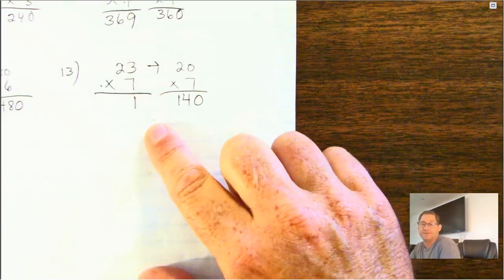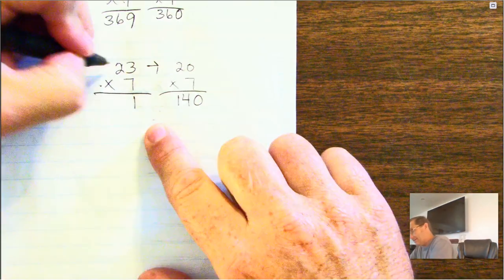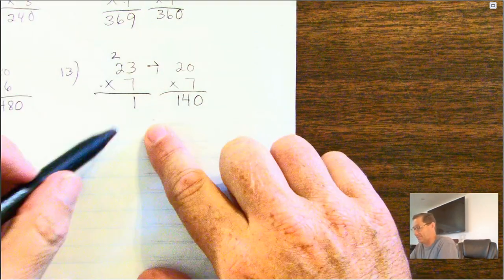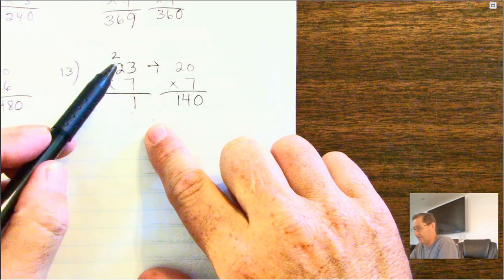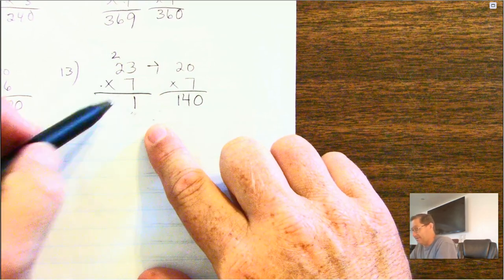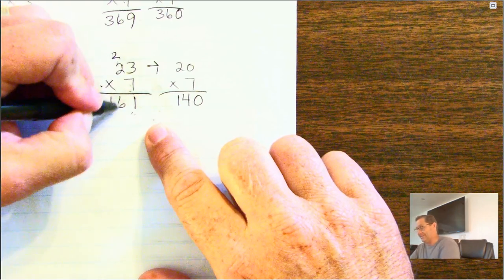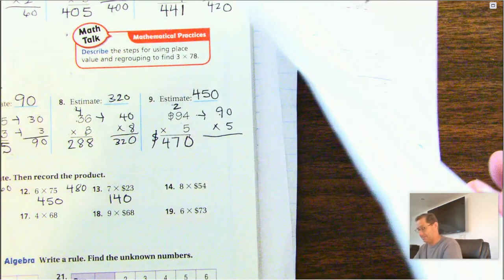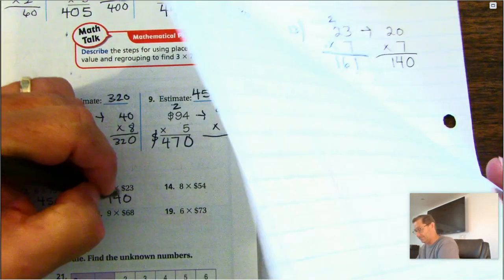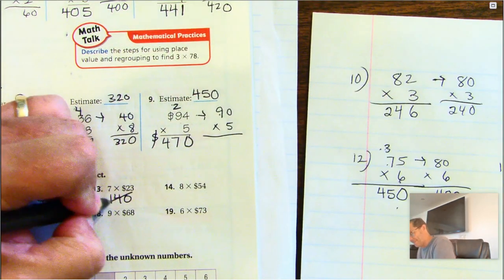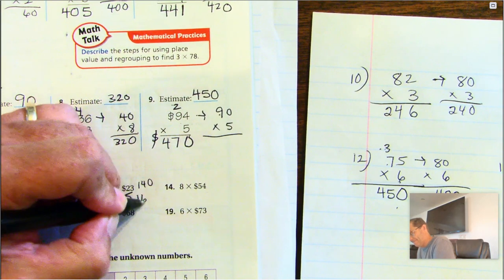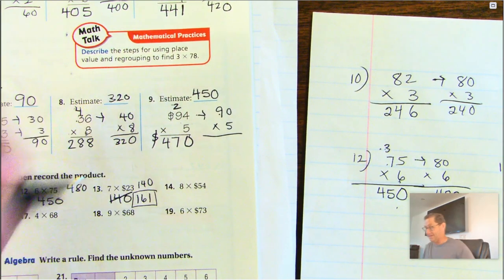We're going to trade 20 of those ones for 2 tens. Okay, also you see 21 here. 7 times 2 tens is 14, plus 2 more tens is 16. 161 is our answer for number 13.